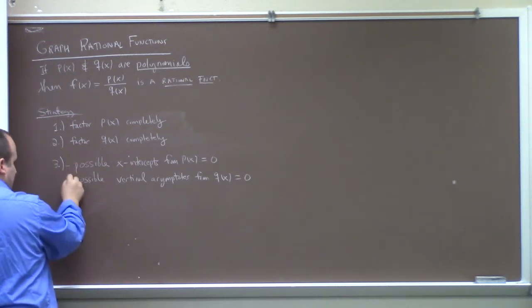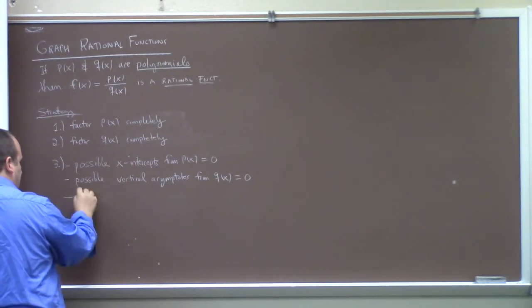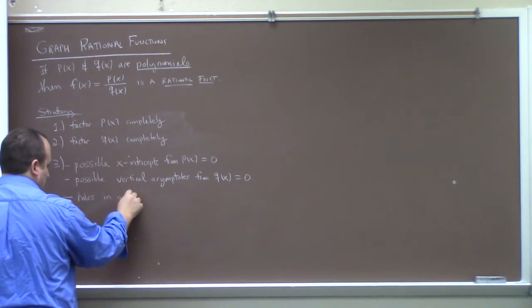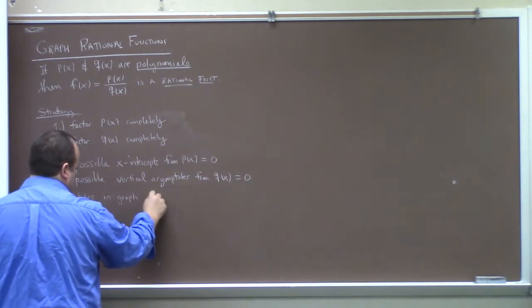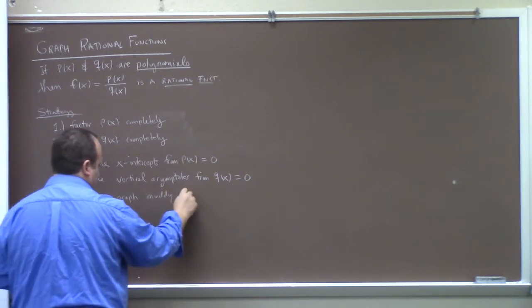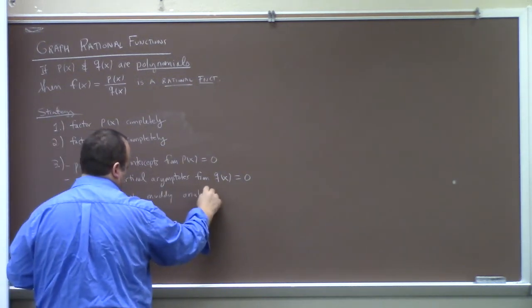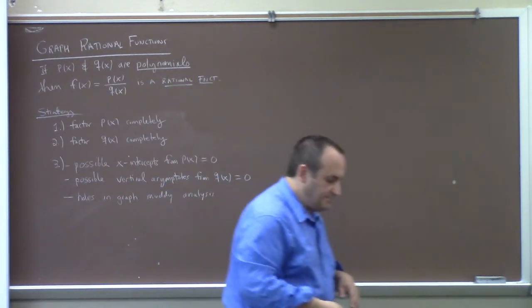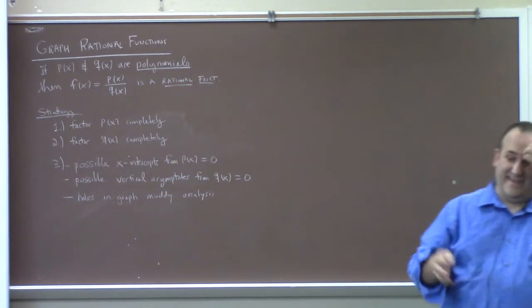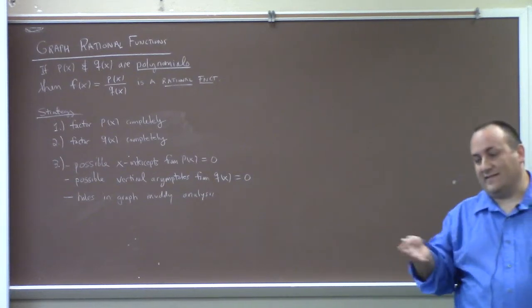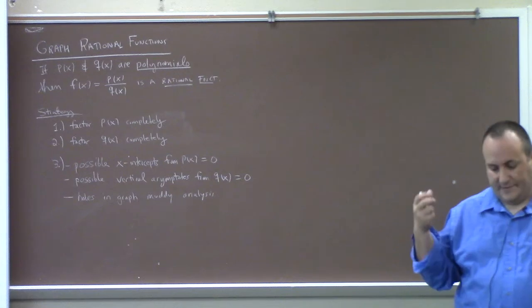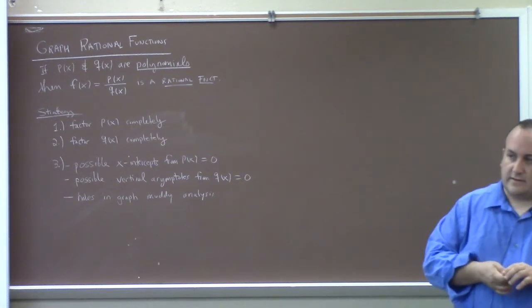But here's the rub: holes in the graph muddy the analysis a little bit. But we'll figure out how to deal with it. It's not a big deal. I'm just saying I can't unequivocally say that if p of x is equal to 0, it is necessarily an x-intercept.